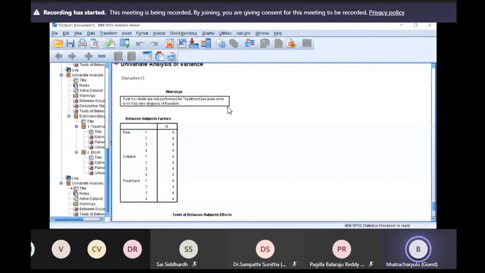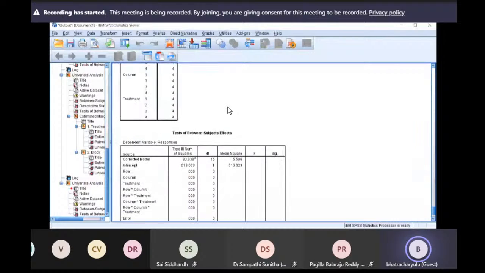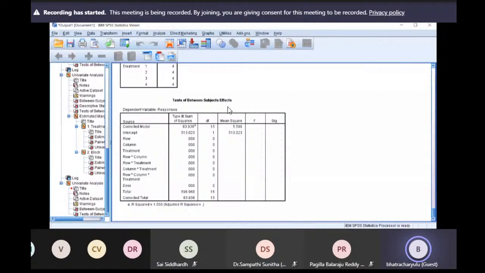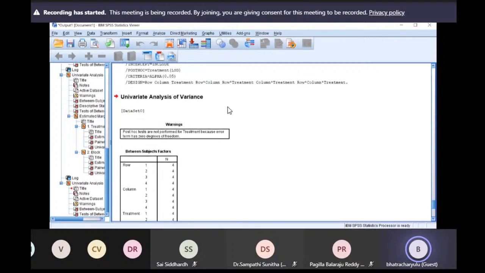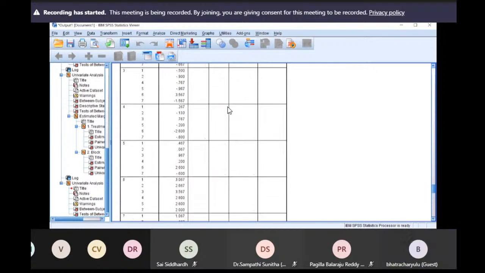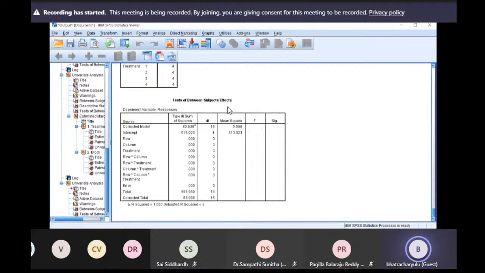Now, so this is 4 rows, 4 columns, and 4 treatments. Go down, continue, scroll. So here, row, type 3 sum of squares, and column. Go down, because it is not showing the values here. All are zeros. That is entirely the two-way.